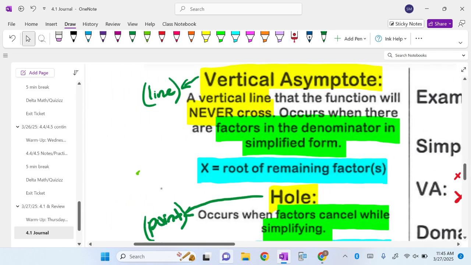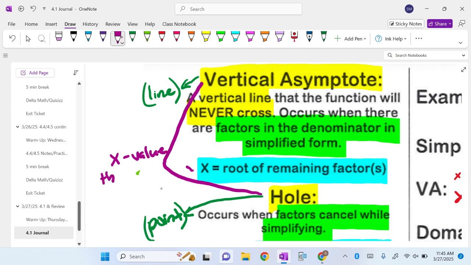For both of these, we're looking for an x value that is undefined, whether that be in line form or in point form. And that's where the difference between hole and vertical asymptote comes in.